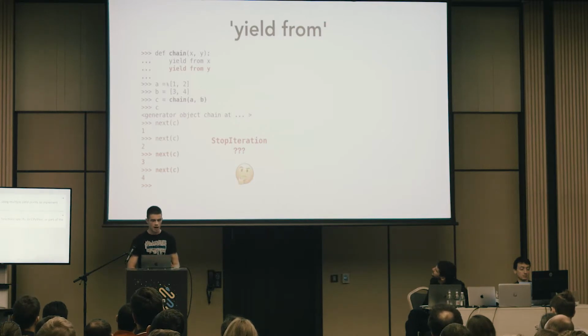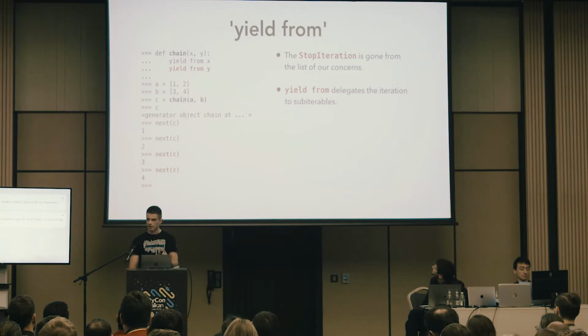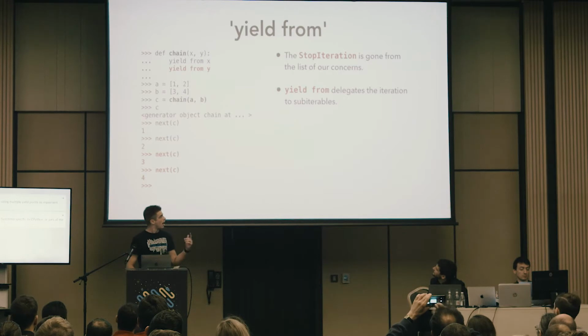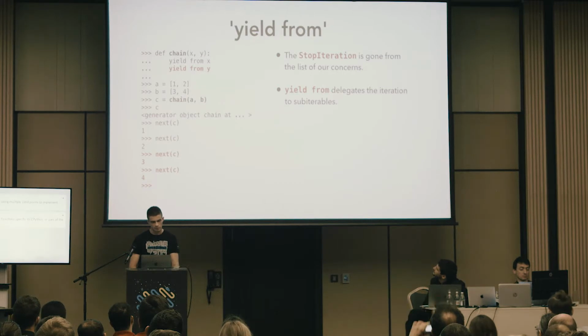Here I'm basically sending in a sequence of numbers. It automatically transforms them into iterators, because otherwise it couldn't iterate over them. But it also handles the StopIteration. So now I don't have to deal with the StopIteration anymore. The yield from expression deals with that for me.